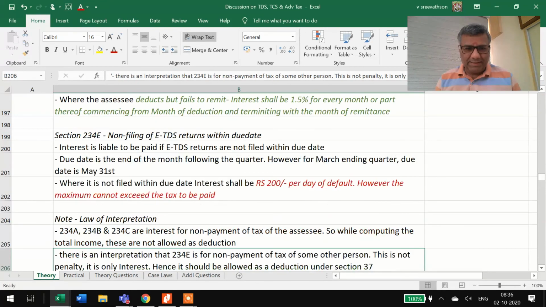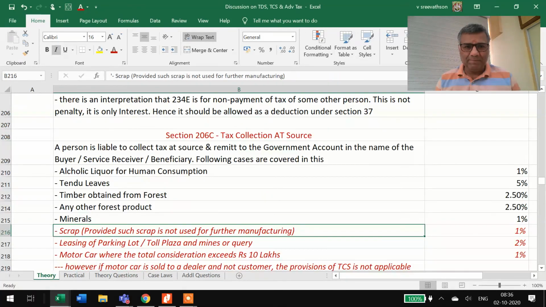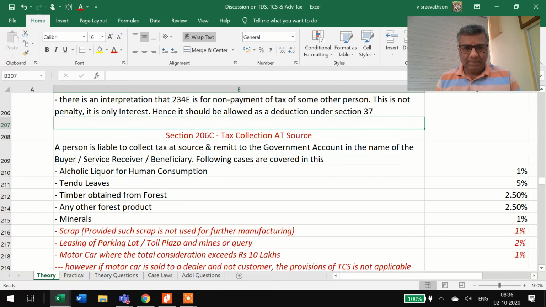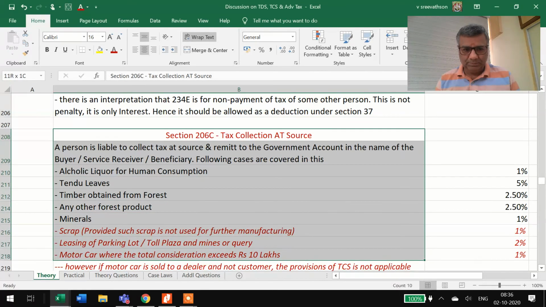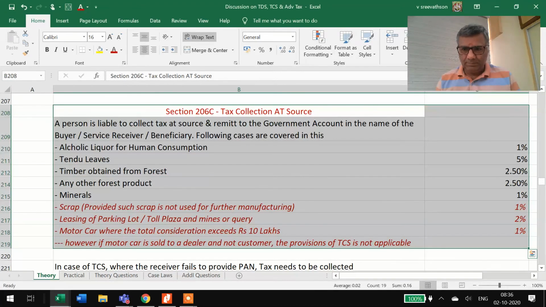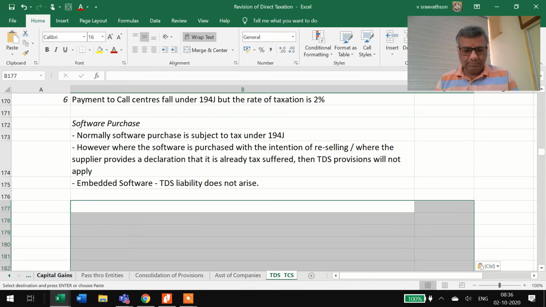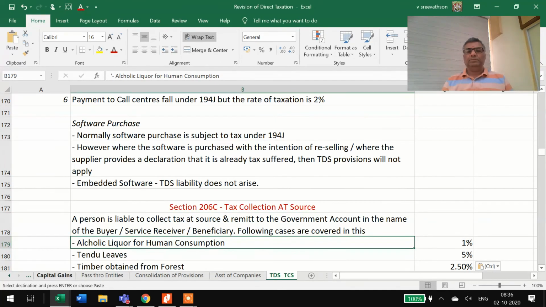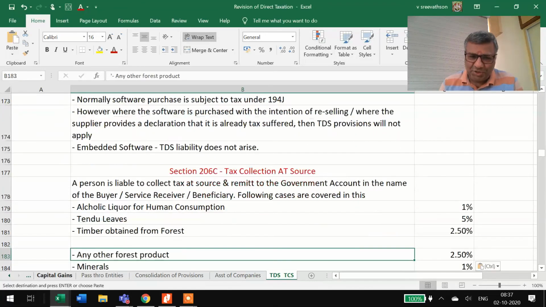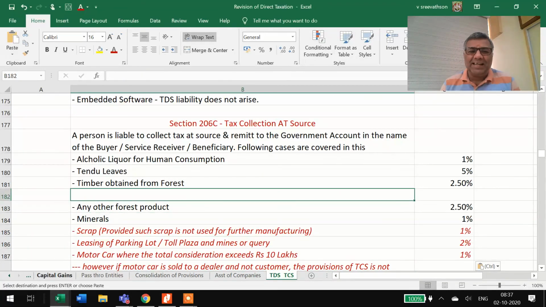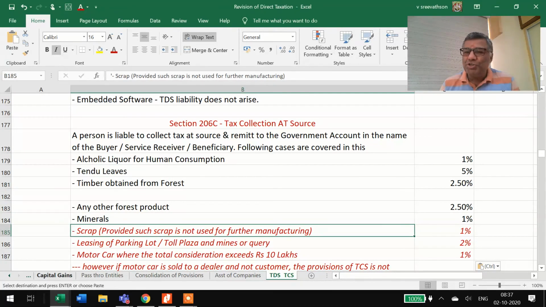I'll copy something else also here. Okay, tax collection at source. Here, the most questionable item is scrap.